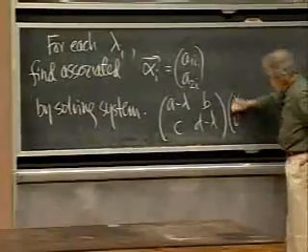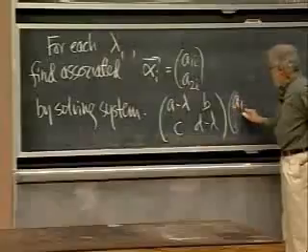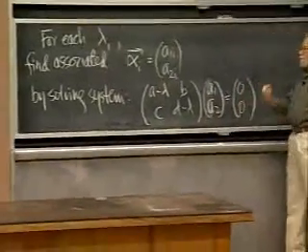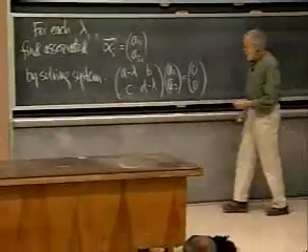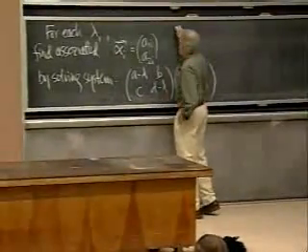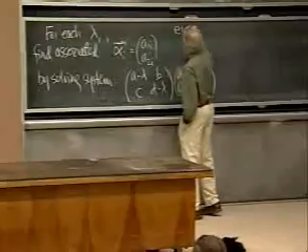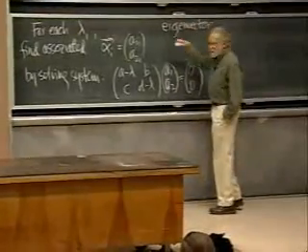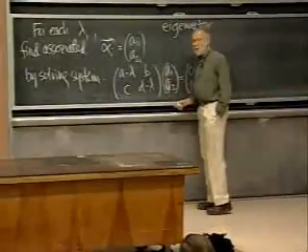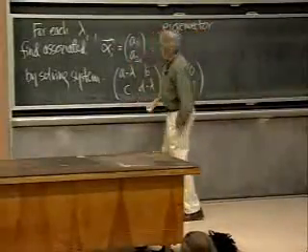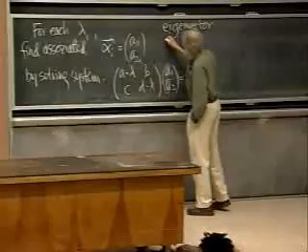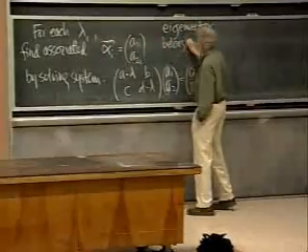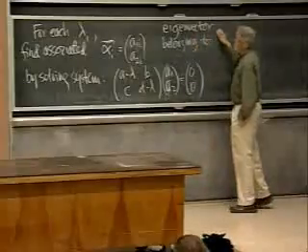And these are called the eigenvectors. Each of these is called the eigenvector associated with or belonging to, again in that sense of property, belonging to lambda I. I see that a little more frequently.